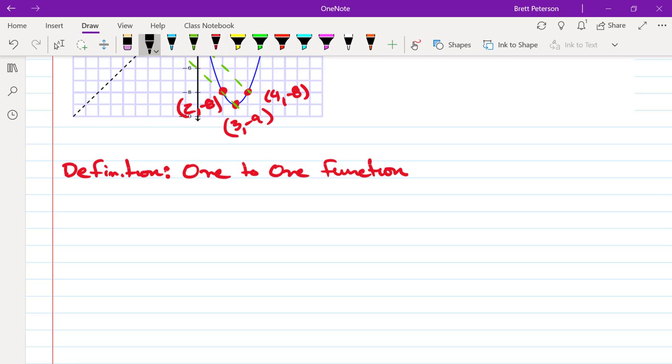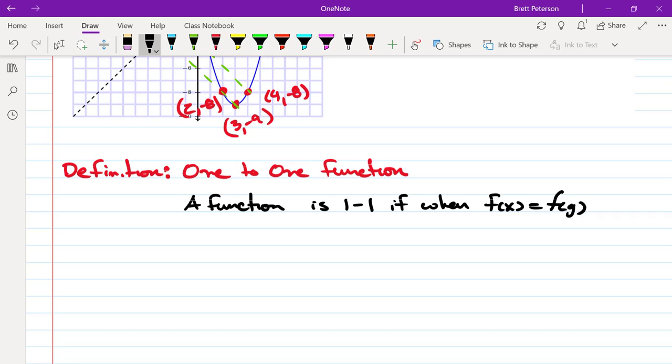A function is one-to-one if when f of x is equal to f of y, then x really had to be the same as y.